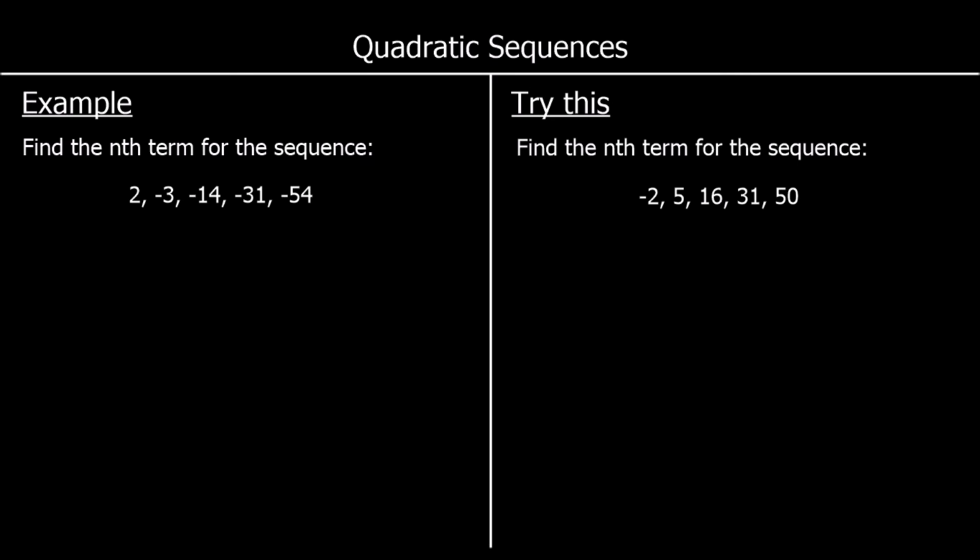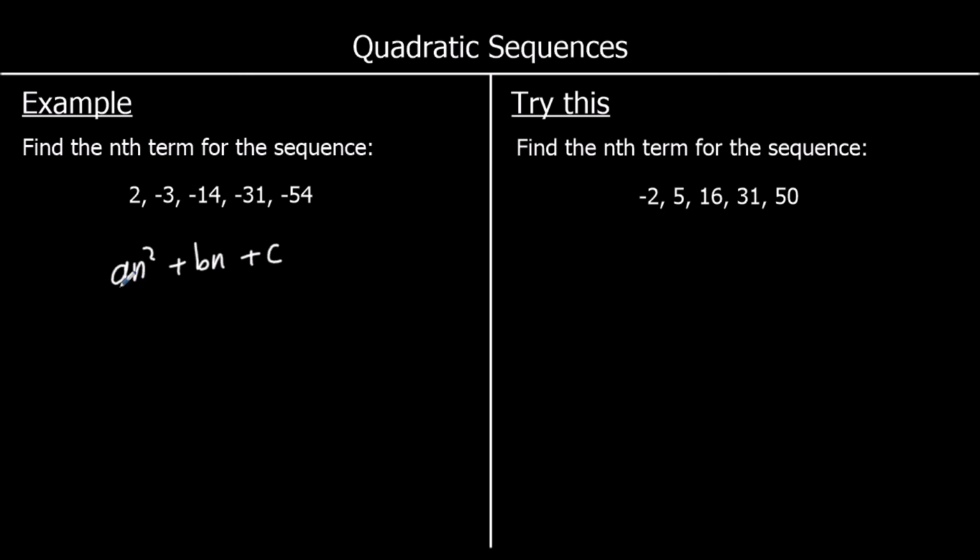Quadratic sequences. A quadratic sequence is in the form an squared plus bn plus c. If we generate a sequence, so let's generate the first three terms using an squared plus bn plus c. The first term is when n is 1.